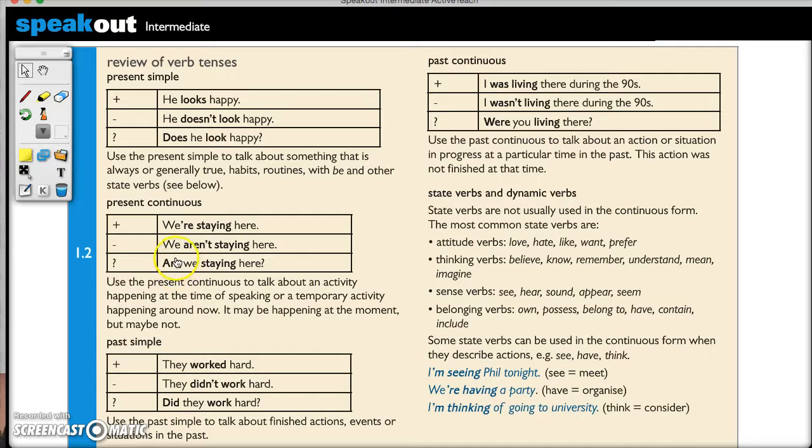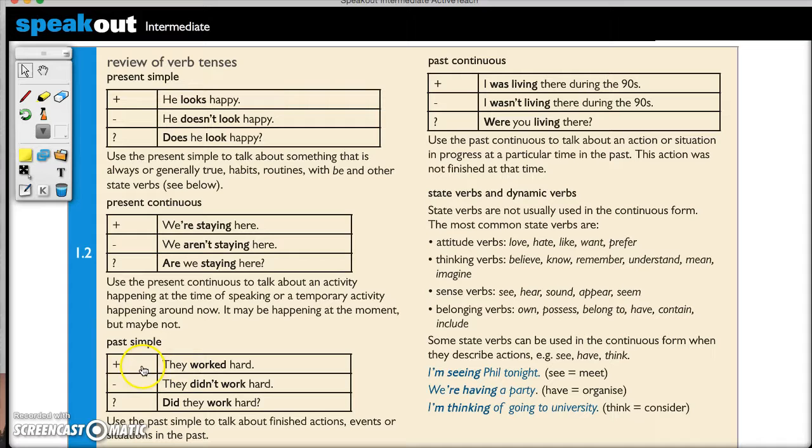But the question form, obviously, since we move the verb to be to the initial position of the sentence, there is no way you can contract it, okay? Just need to remember that. Then use it for something that is happening when you're talking, or something that is happening right now.